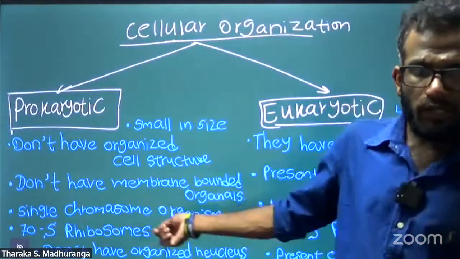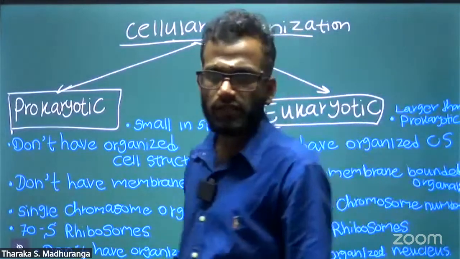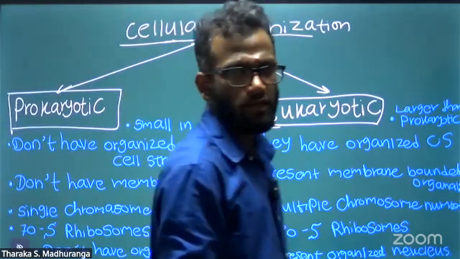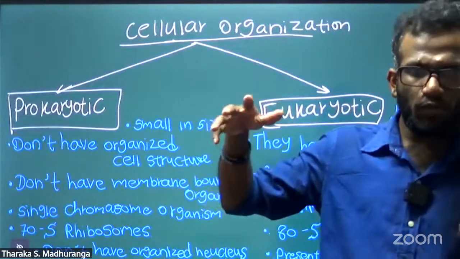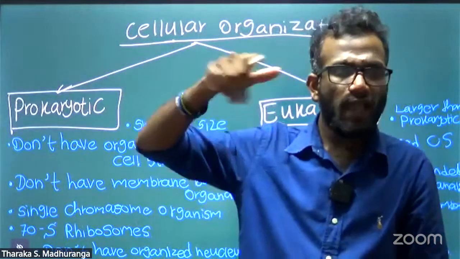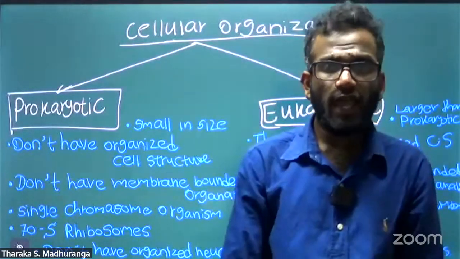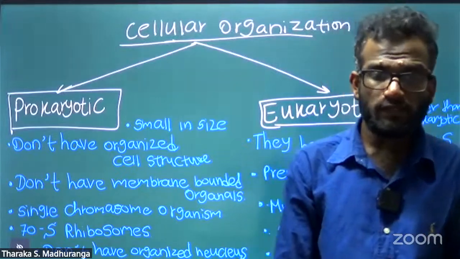The prokaryotic organism doesn't have an organized nucleus, but only a single chromosome chain, a small chromosome chain only.